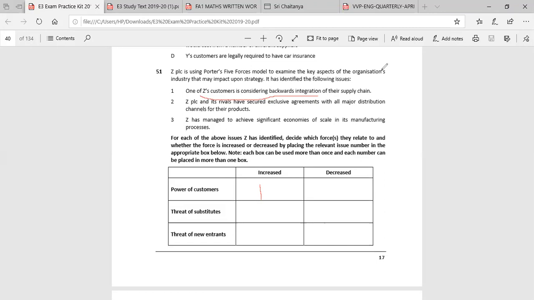Why are you not responding? So is the power increasing or decreasing? I told you that distributors are customers. Am I audible?